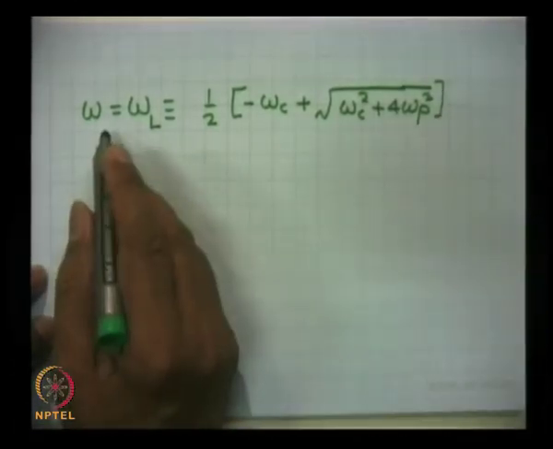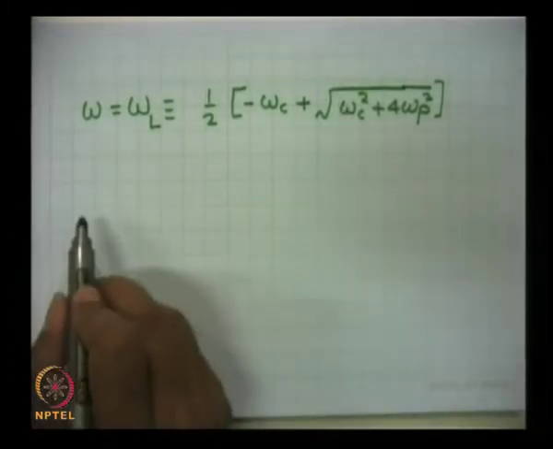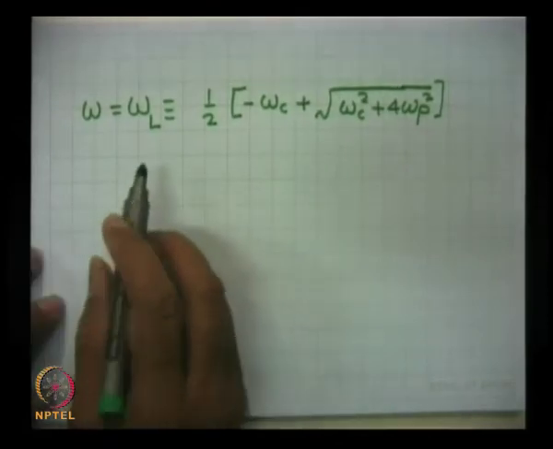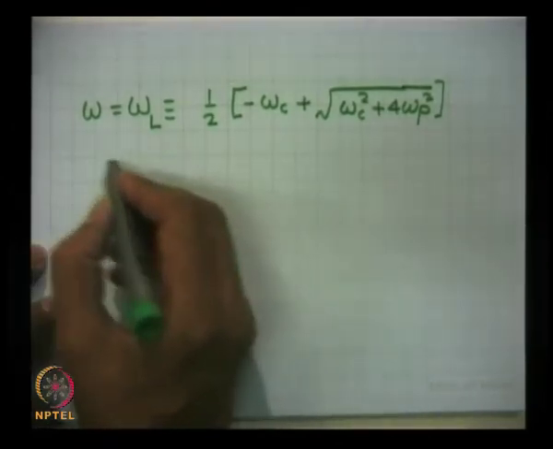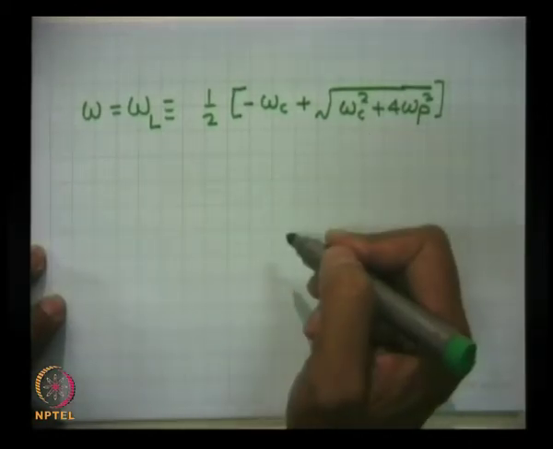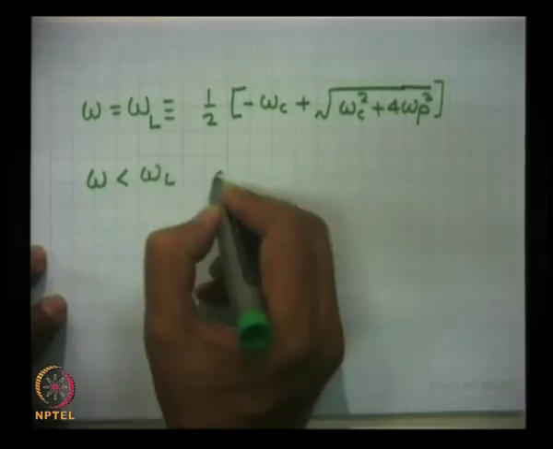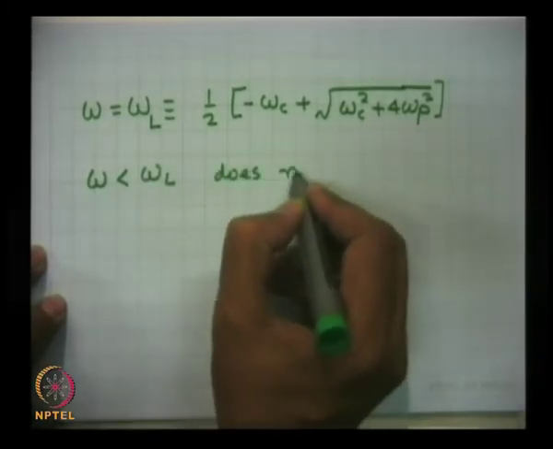So there is a cutoff frequency, but what is happening here? A wave of omega less than omega L will not travel. So omega less than omega L does not propagate.